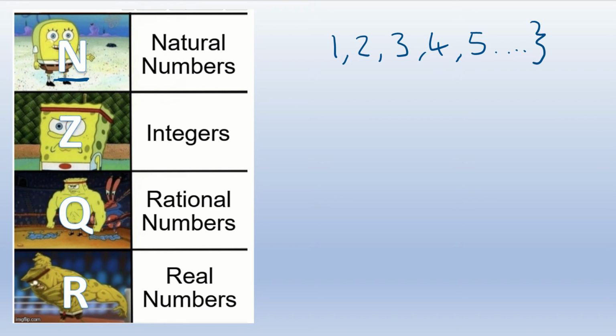So if you put squiggly brackets each side of that, what you're telling me is that your natural numbers are the set of numbers that starts at 1, goes up 2, 3, 4, 5, and I wrote ... to signify that that goes all the way up to infinity. So your counting numbers all the way up to infinity.